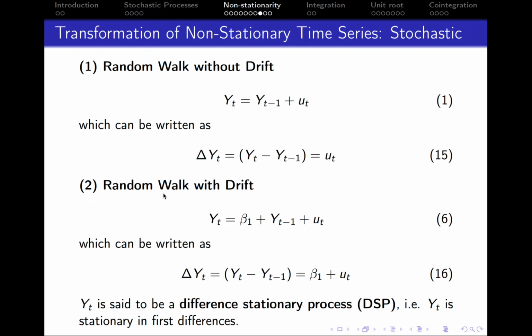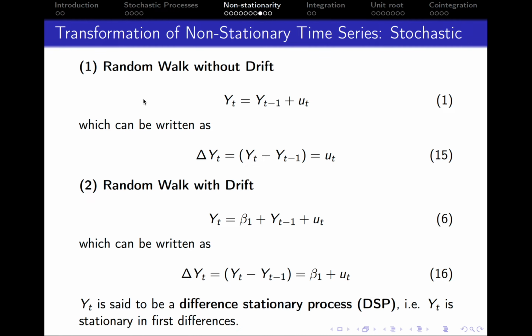If we have a random walk with drift, we do the same thing. We move yt minus 1 to the left, so we get yt minus yt minus 1, which is denoted as delta yt. And we can see that delta yt is equal to beta 1 plus the error term.